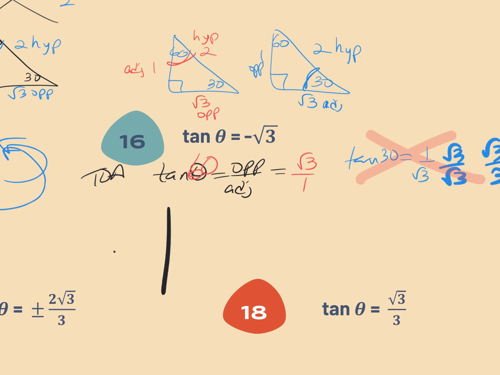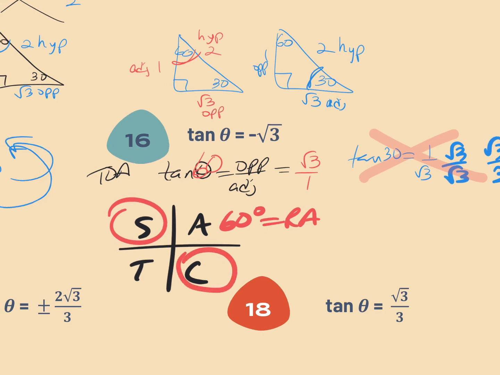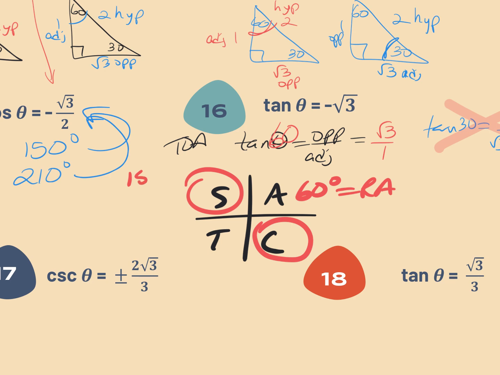So again, all students take calculus. My reference angle is the 60. I need to figure out where tangent is negative. Tangent is negative in quadrant 2 and 4. So to get my two answers, I'm going to do 180 minus the reference angle, which is 60, and this gives me 120.